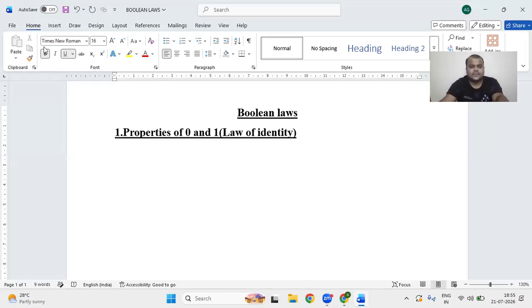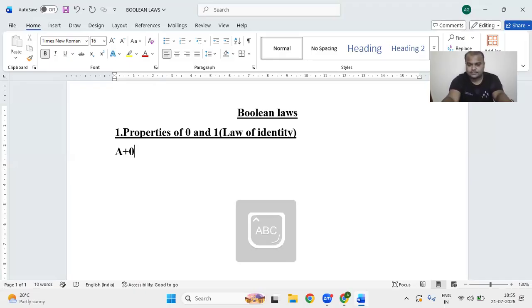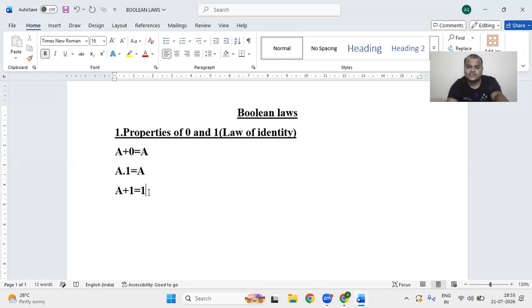So now I will take A as the input. A plus 0, you will get A only. That is the first property of Boolean laws, and that is additive identity. A multiplied with 1, you will get A only. And I can extend, if you add any number with the 1, you will get 1, not A, it is 1. 0 plus 1 is 1, 1 plus 1 is also 1.